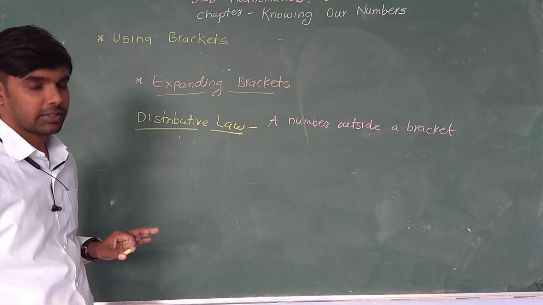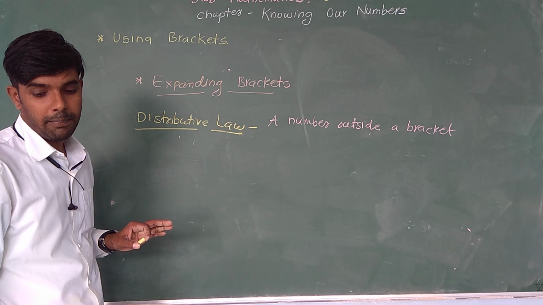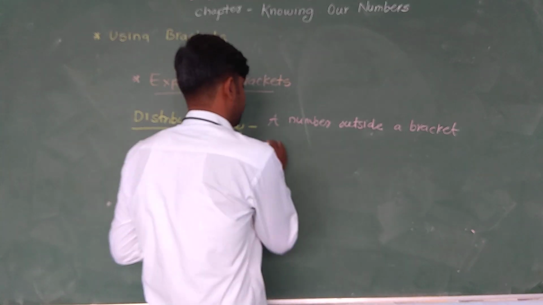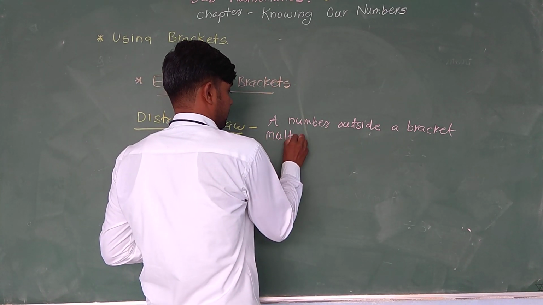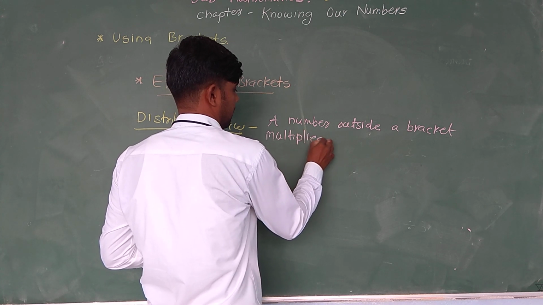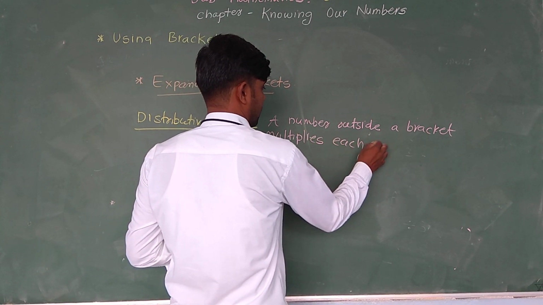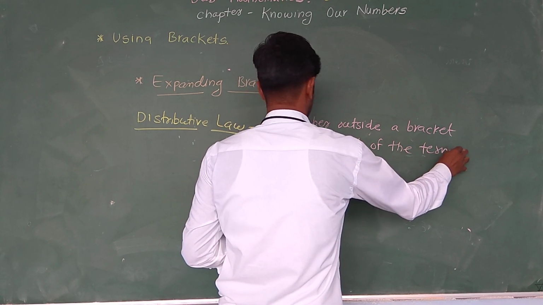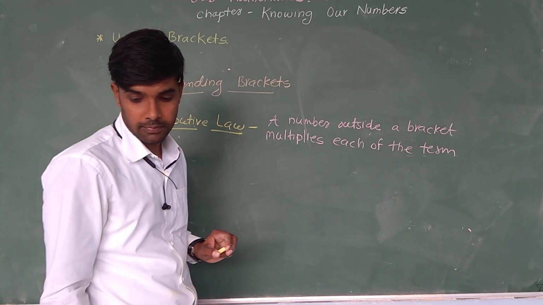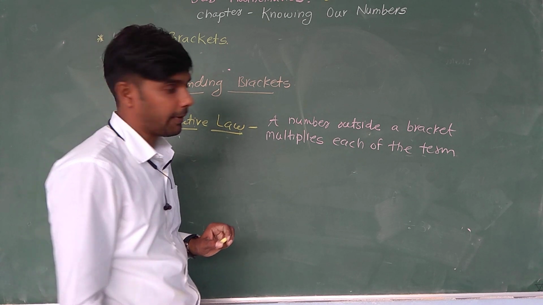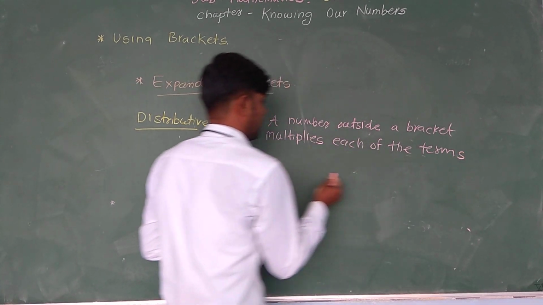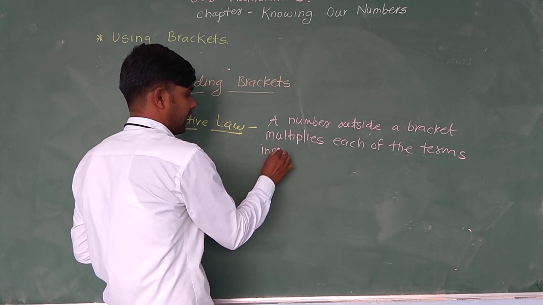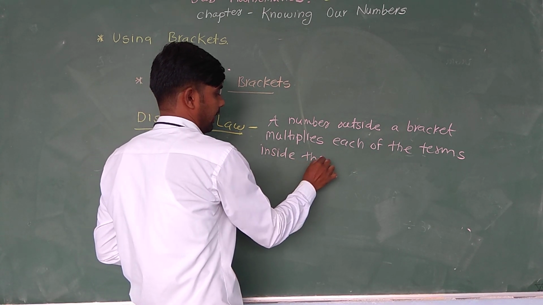A number outside the bracket multiplies each of the terms inside the brackets.